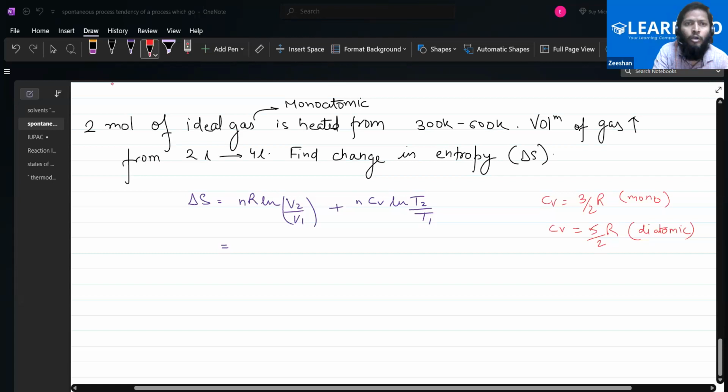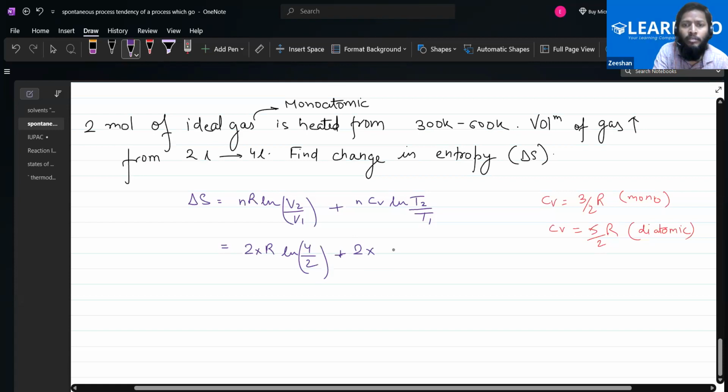So I'm going to solve this. Kindly look here. n is 2. R we are keeping as R only. ln V2 by V1, 4 by 2, right? Plus n is 2.